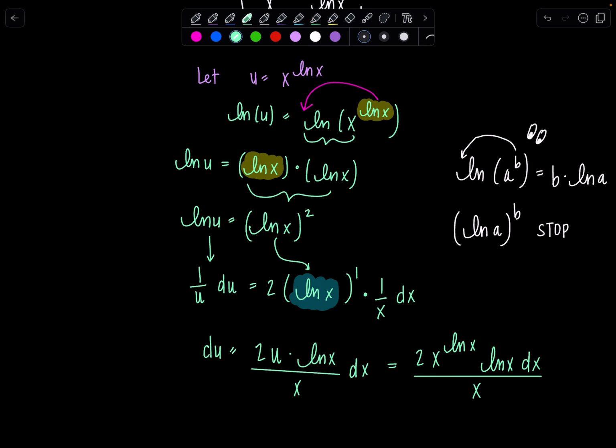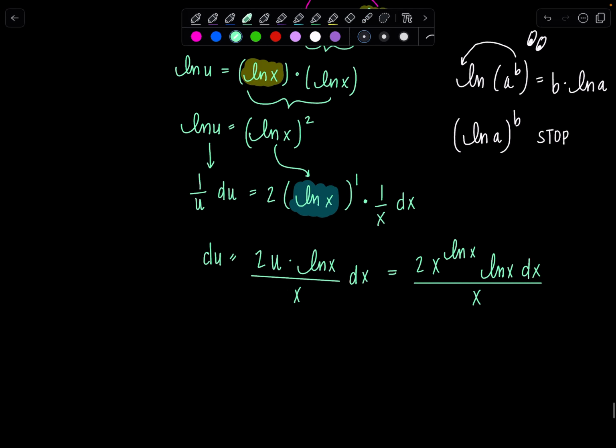That's exactly what we have here, x to the natural log of x times ln of x over x. I just have an extra 2. So one last little maneuver, let's divide both sides by 2, and now I have 1/2 du equals x to the ln of x dx over x.